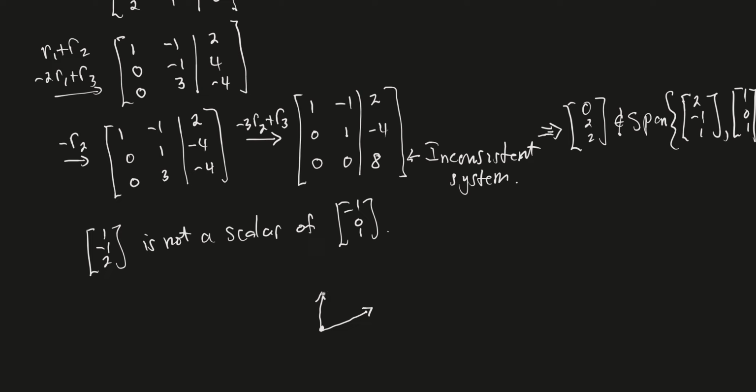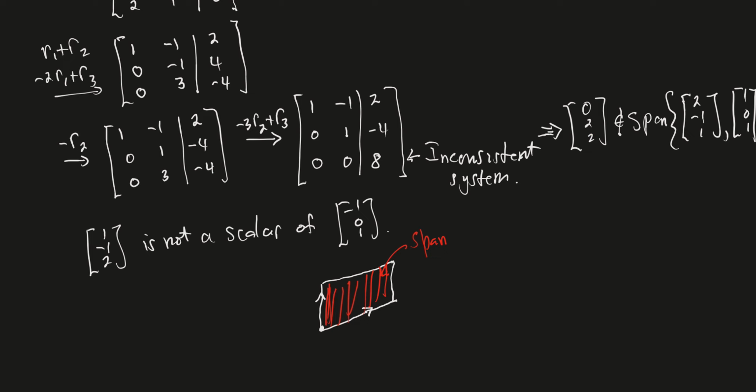So if I span these, and I'm just going to sketch a portion of this, I'll do that little parallelogram thing. So the red there is the span of these two vectors. So what does it mean that this third vector, the 0, 2, 2, is not in the red?